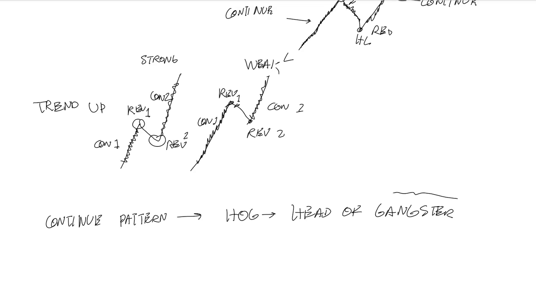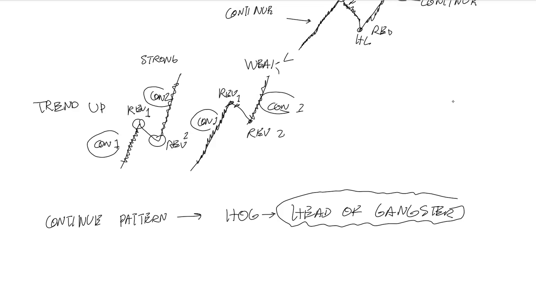We apply this theory to identify continuation patterns in strong trend and weak trend. A continuation pattern in strong trend and weak trend either supports the strong trend or is against the strong trend, or supports the weak trend or is against the weak trend.